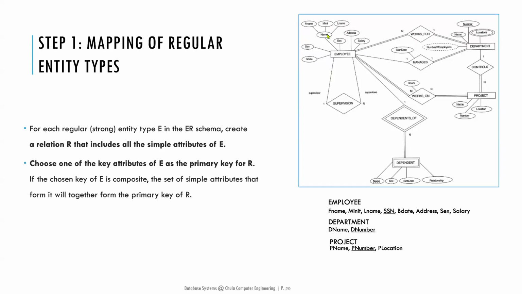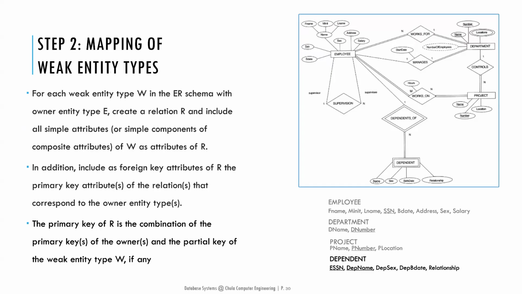So for a composite attribute like name, we only take the atomic ones, which are F name, M init, and last name. But for these locations, which are multi-valued, we are not doing anything about locations at the moment. And then when you choose the key, you only choose one. If there are several possible keys, you only take one. All right. So you choose the primary key here.